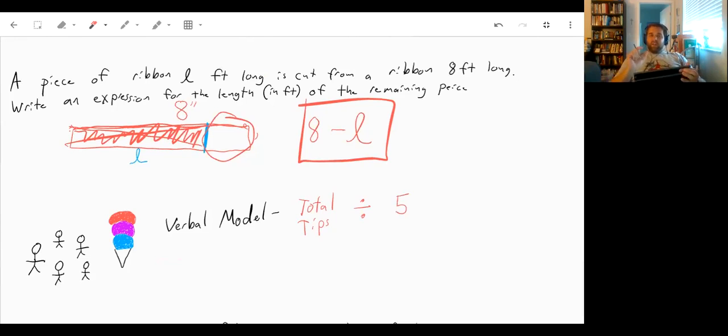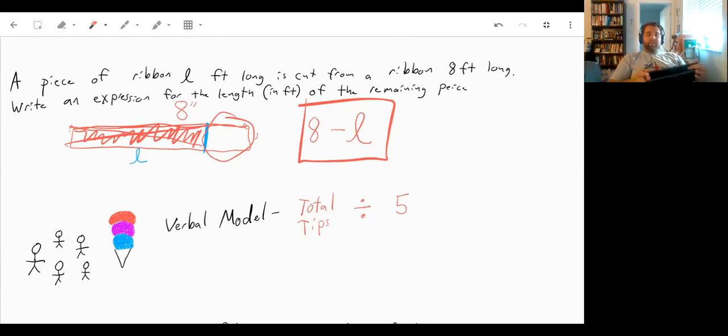Now, something you need to watch out for, especially as you're writing your test question, is I want you to create one of these where you have to write the model, like draw the model out and write it down, but it also needs to be solvable. So that means at some point during your question, you'll also need to tell me how much would be your total tips that you're trying to divide up, or whatever other scenario you come up with.